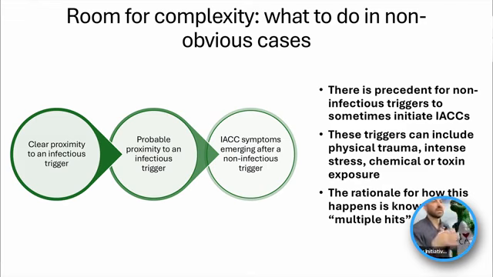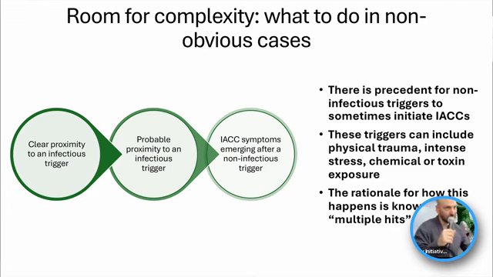Now, the rationale for how this might happen is what we call the successive hit or multiple hit hypothesis, meaning that your immune system can take multiple hits. And so maybe you got sick with COVID, you fully recovered, or you felt fully recovered, but under the surface, it was kind of smoldering and it was causing immune dysregulation and all sorts of chronic inflammation.